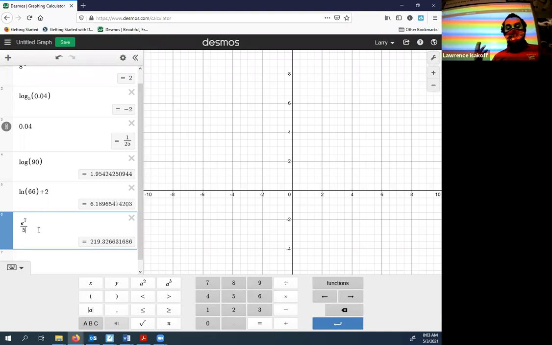So again, that's why I want you typing these in so you at least get some sort of idea of how big the number is, because this number is about twice as big as I initially kind of predicted in my head, because I was unsure. So that's why we're using the calculator here.